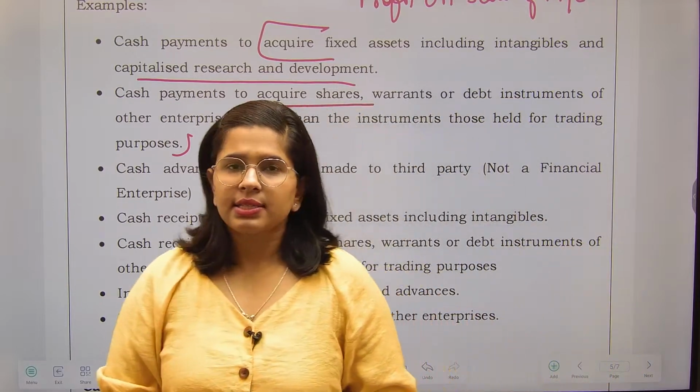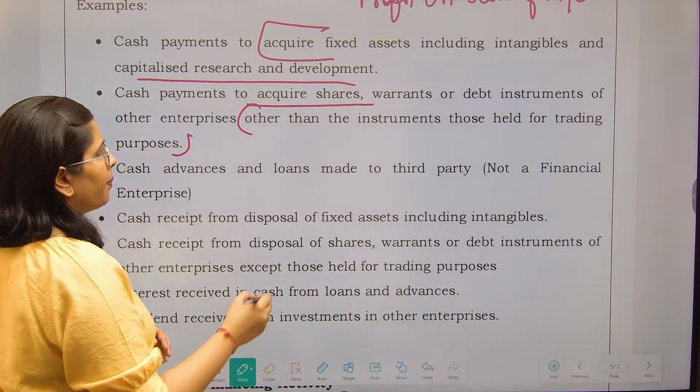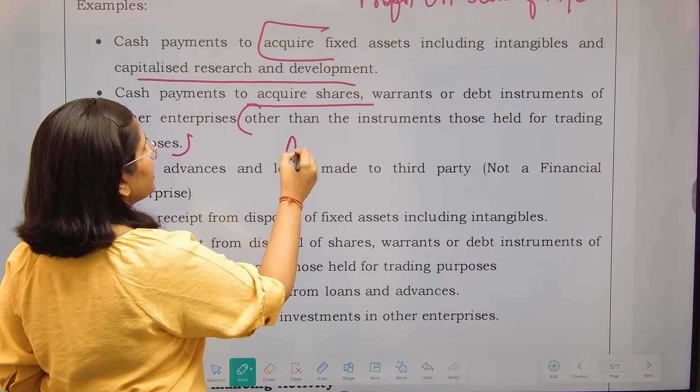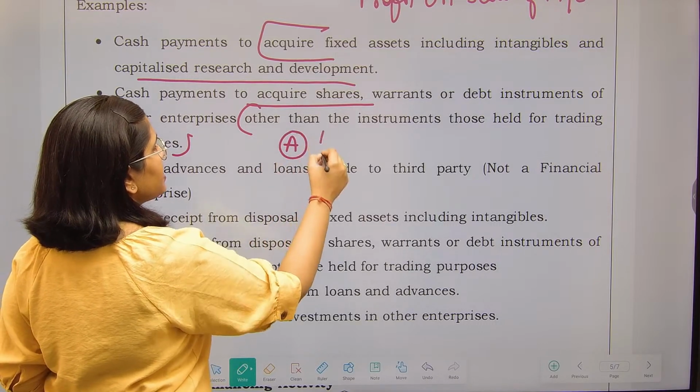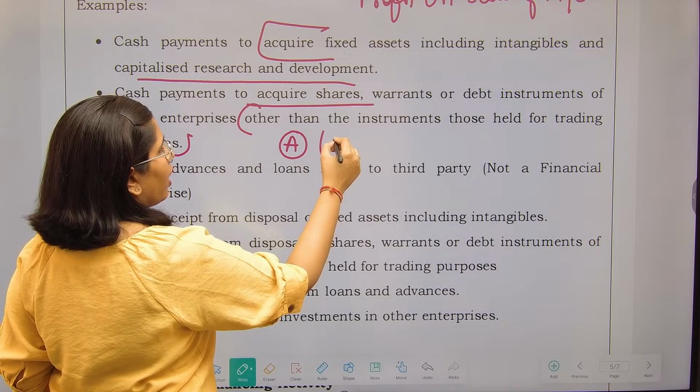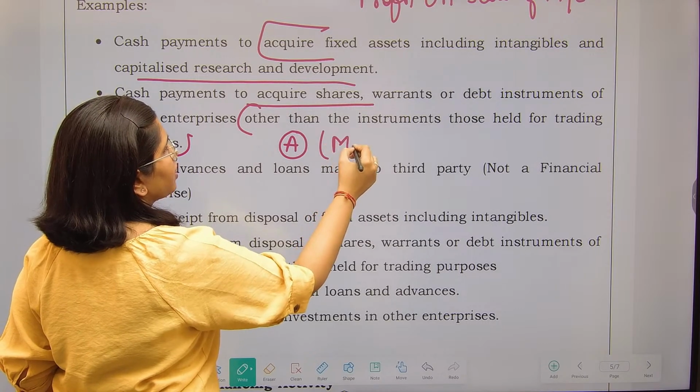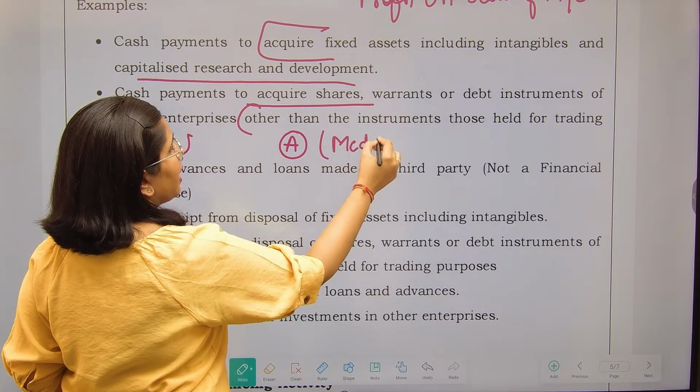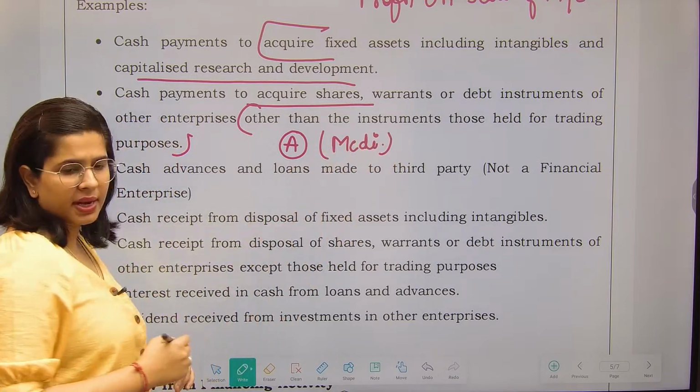See, suppose there are two companies, right? One company is this A. This is into medicine manufacturing, right? This company manufactures medicine.